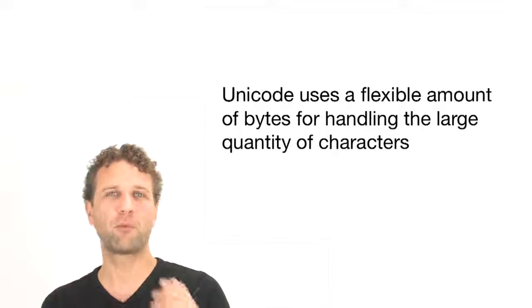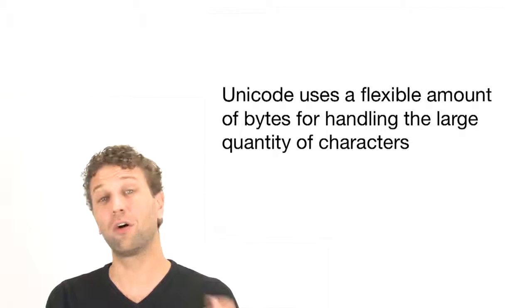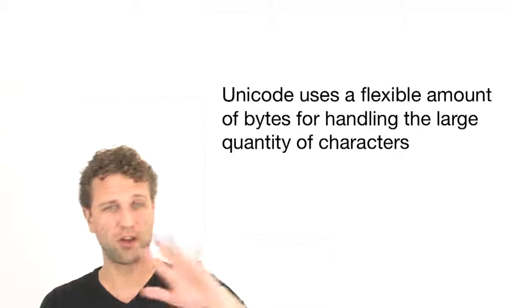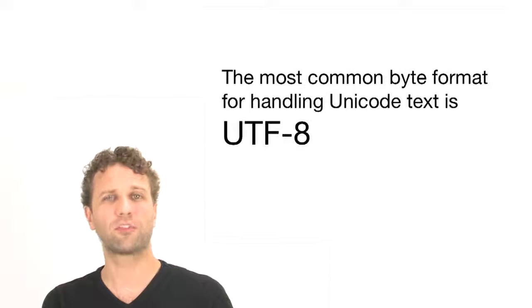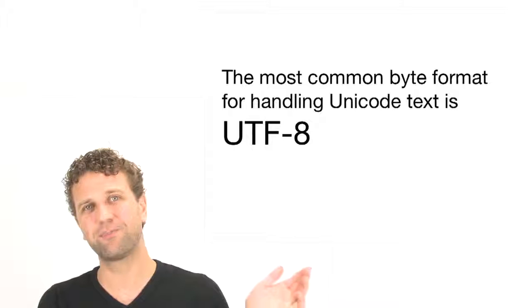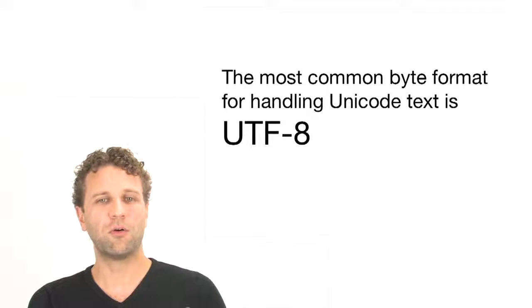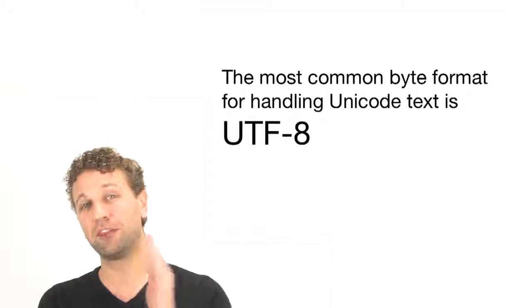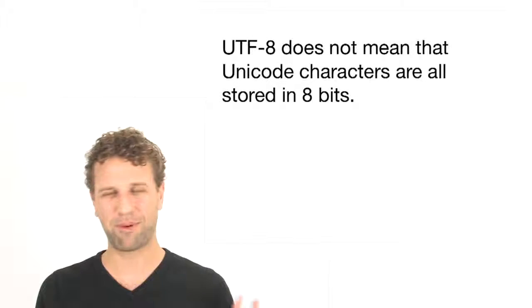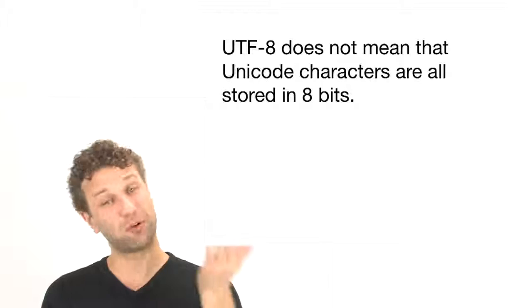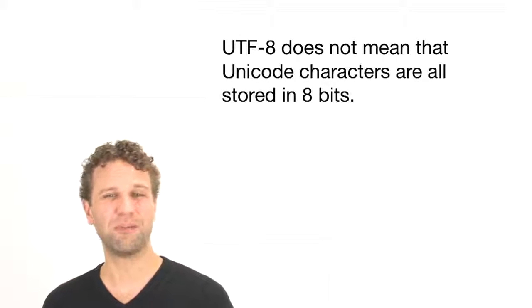The most popular way to store Unicode information, which also includes ASCII, so what we're talking about now is just think all text, right? The most popular way is a format called UTF-8. So this doesn't mean that we use 8 bits to store 100,000 characters. That's just not possible. You can store 255 characters with 8 bits.